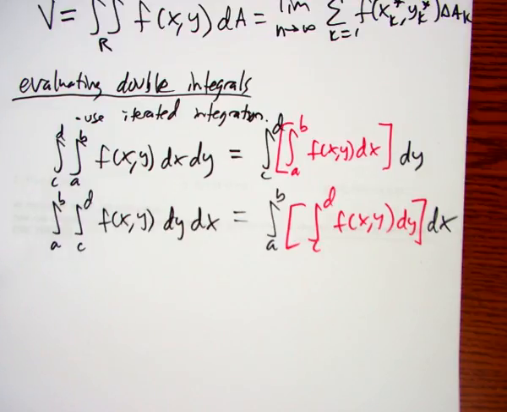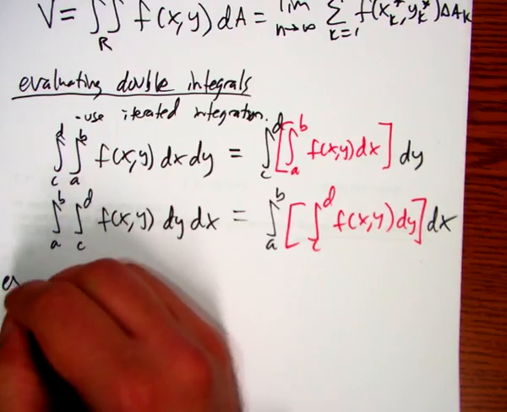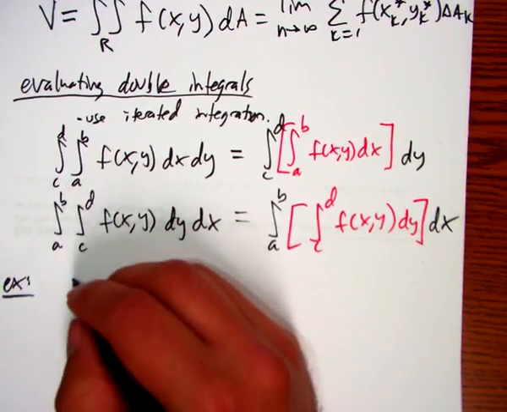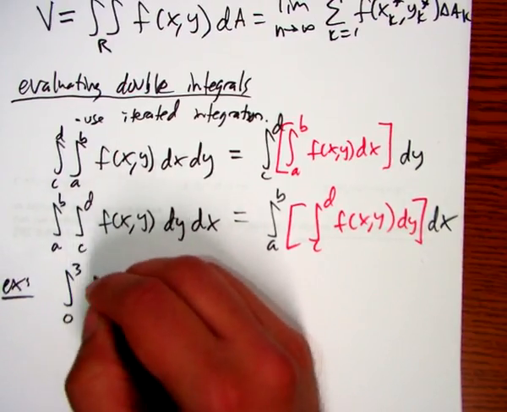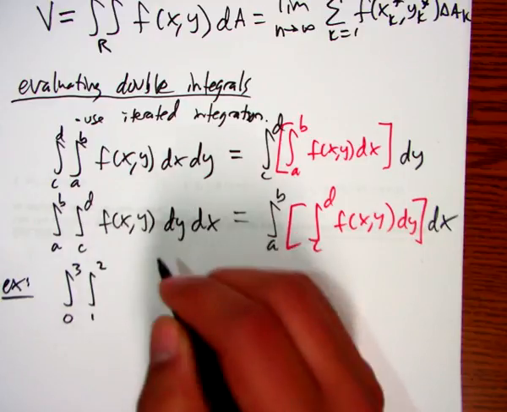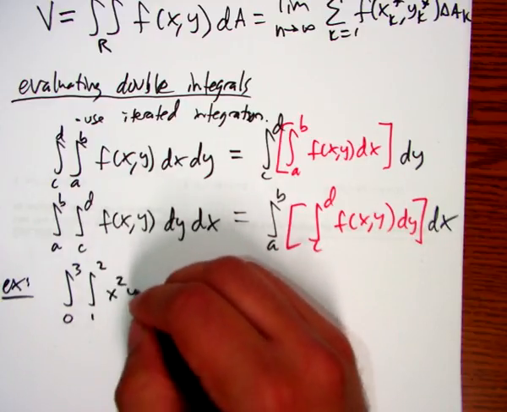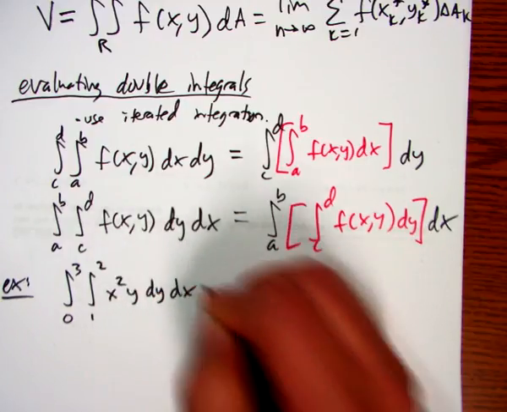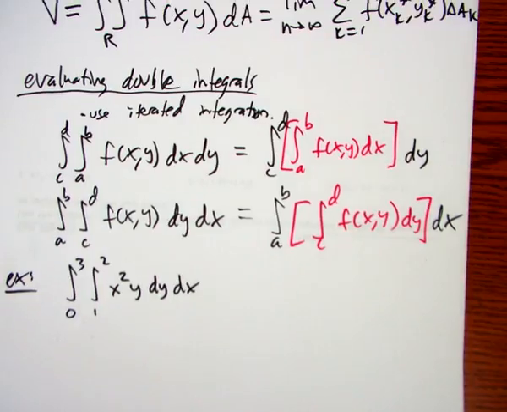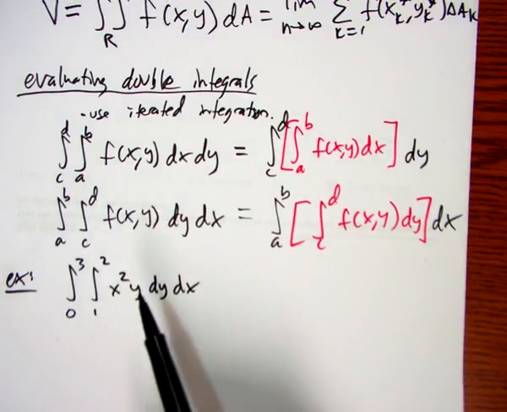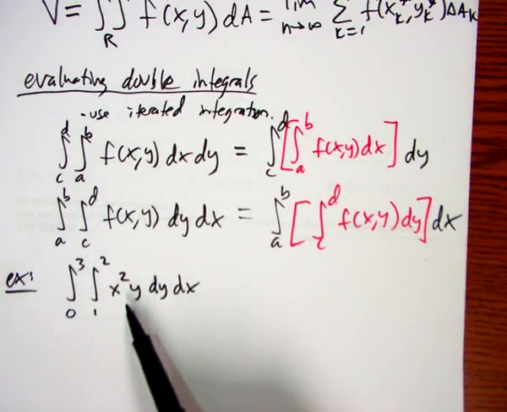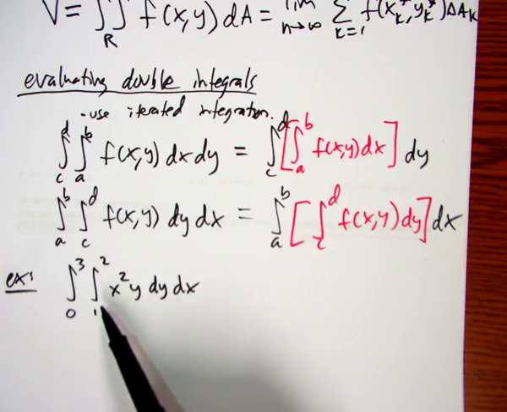So let's try an example here. So here is a surface, x squared y. You don't necessarily have to know what it looks like, but know it represents some surface. y is between 1 and 2. x is between 0 and 3.